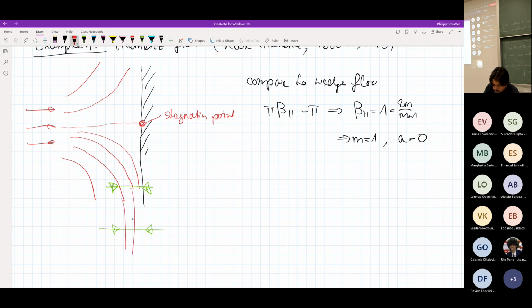Sorry for the sketch. So now the question is, if this is the x-coordinate, because in the sense of the wedge flow, this would be the coordinate along the wedge. What do you think? How is this boundary layer growing or decaying in the Hiemenz flow?